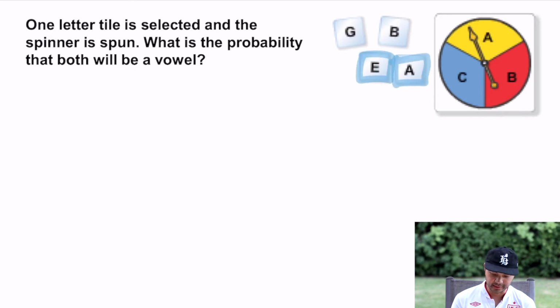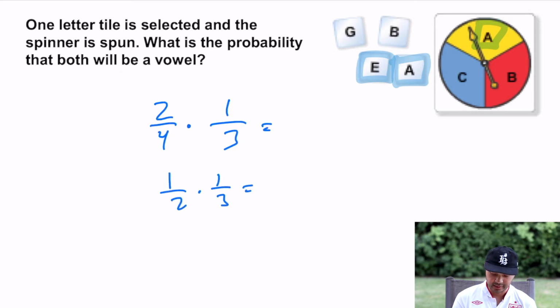Right? So the probability for a letter tile to be a vowel is 2 out of 4 times how many vowels are up here? We have an A over here. That is 1 out of 3. Okay, so the probability that both would be vowel, you would just reduce this to 1/2 times 1/3, and it's 1 out of 6. So the probability that both would be vowel is 1 over 6.